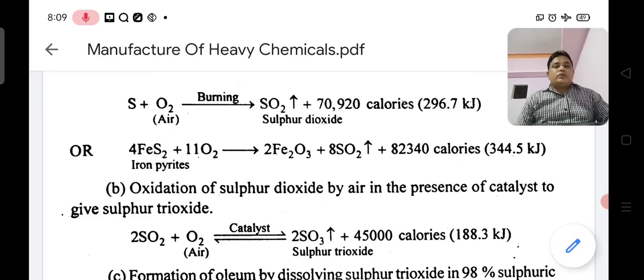As we know, sulfuric acid is an important inorganic heavy chemical. It is also known as the king of chemicals. Why is it known as the king of chemicals?